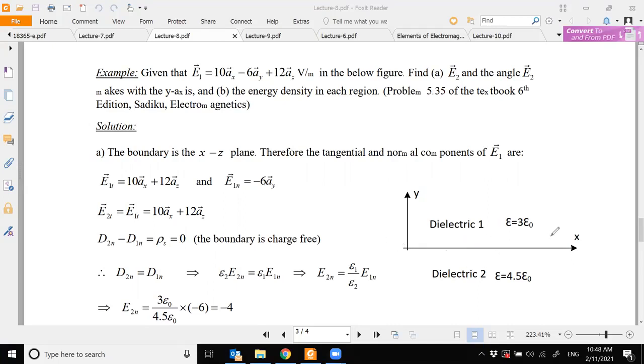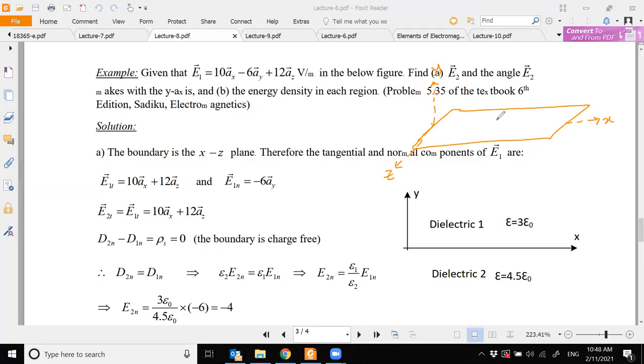If I elaborate this in 3D, this will be your x, this will be your y, and this will be your z, and this is my boundary.